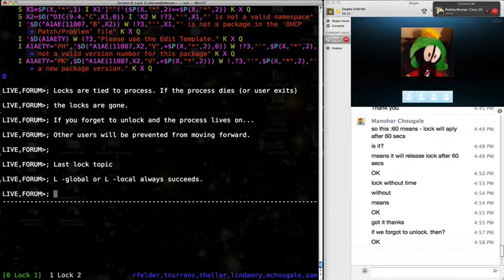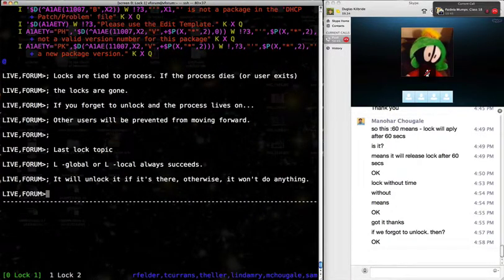So it will unlock it if it's there. Otherwise, it won't do anything. So it's not going to throw an error.